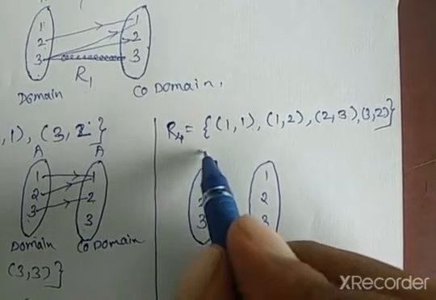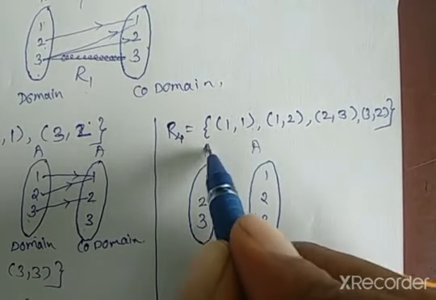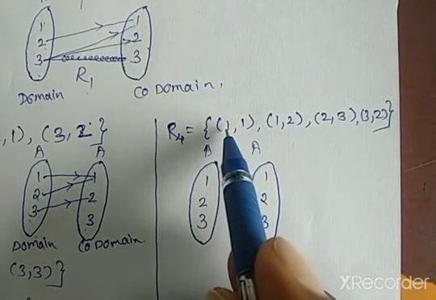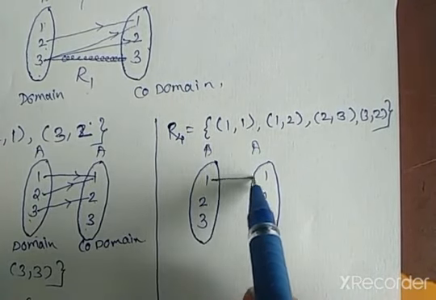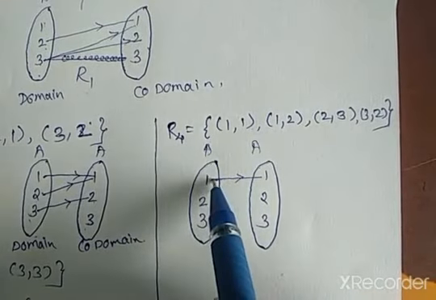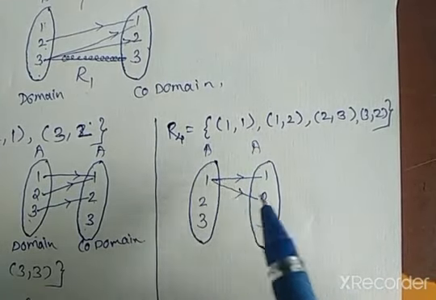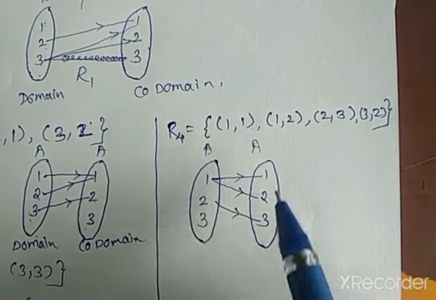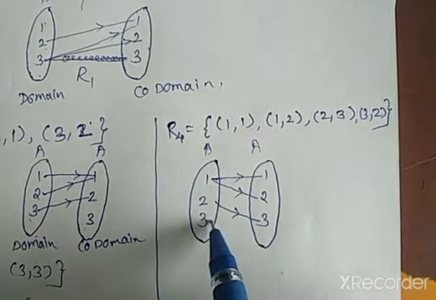We have to check whether R4 is a function or not. If we draw an arrow diagram for this relation, first (1, 1), next (1, 2), next (2, 3), and last (3, 2).